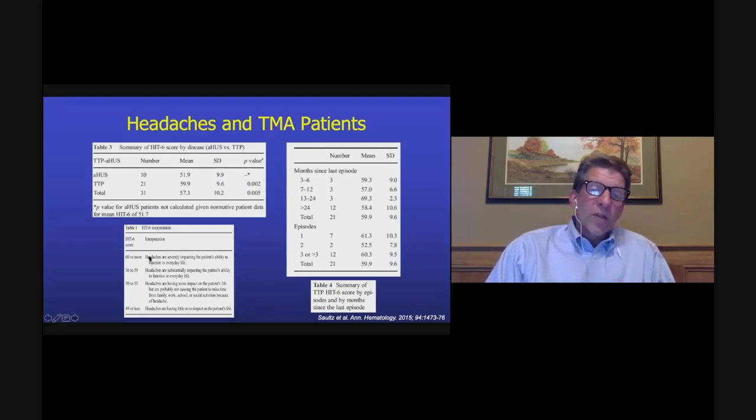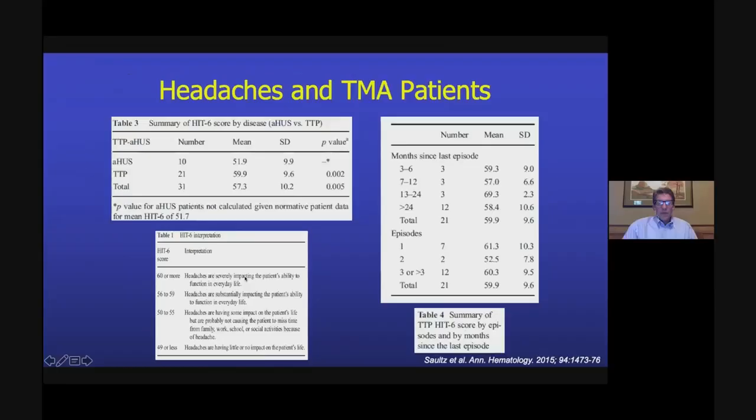So normal is thought to be 51.7 in this group. So 50 to 55, headaches are having some impact. 56 to 59, a substantial impact on the ability to function. And 60 or more, headaches are severely impacting the patient's ability to function in everyday life.